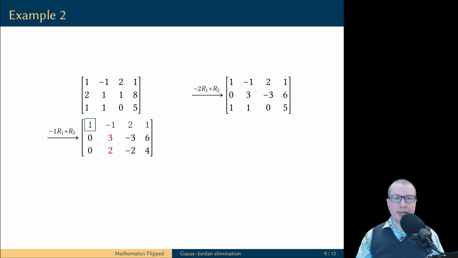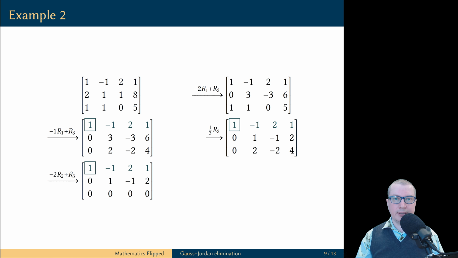Then, we already have a non-zero entry at the top of this column, and we need to scale row 2 to produce a leading one. Therefore, we need to multiply row number 2 by 1/3. Next, we are going to use this leading one to produce 0 below. For this, we multiply row number 2 by -2 and add this to row number 3.